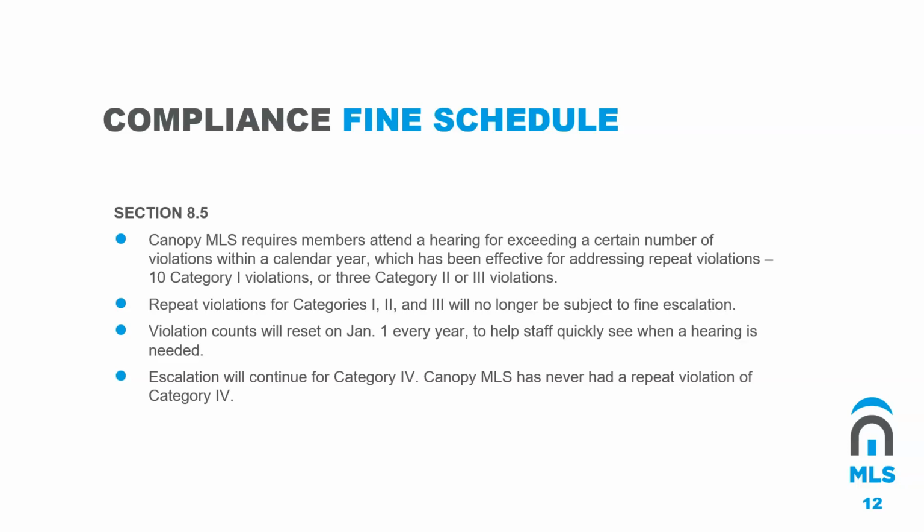As a result, Canopy MLS has discontinued fine escalation for Categories 1, 2, and 3. Resetting the repeat violation count on January 1st every year will help staff quickly see when a hearing is needed. However, fine escalation will remain in place for Category 4. On a side note, Canopy MLS has never had a repeat violation of Category 4.